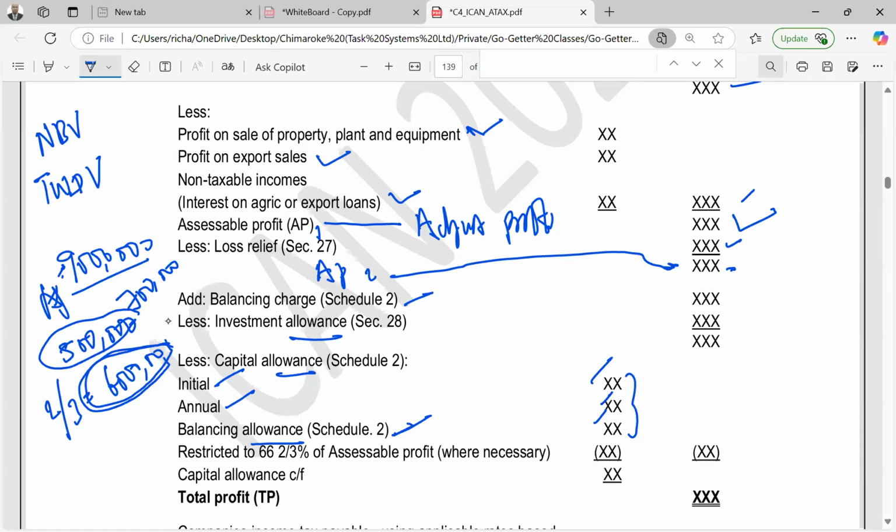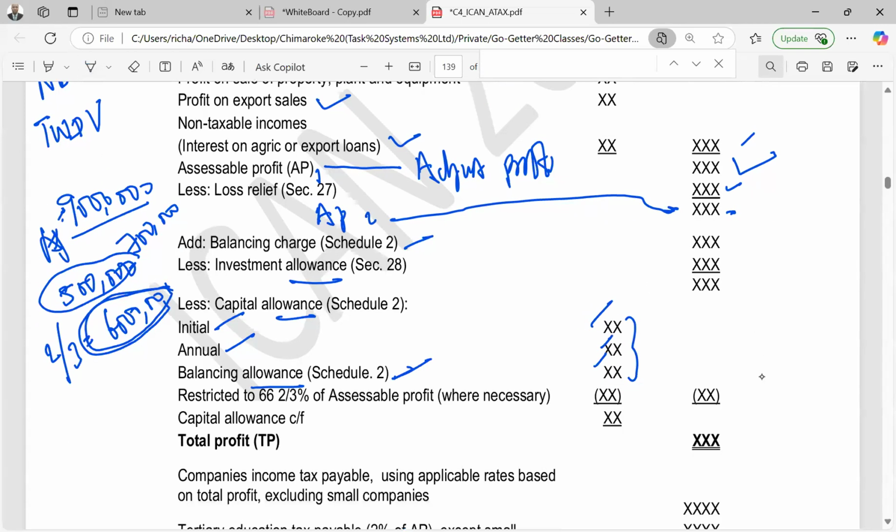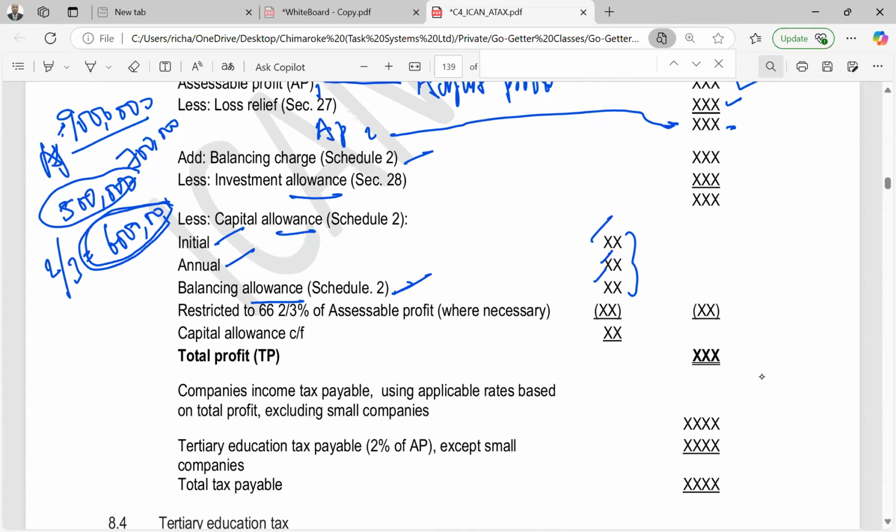Okay, so what you get down to is your total profit. Your total profit is what you will get after all of these things have been done. Then we will now calculate our income tax using the applicable rates.